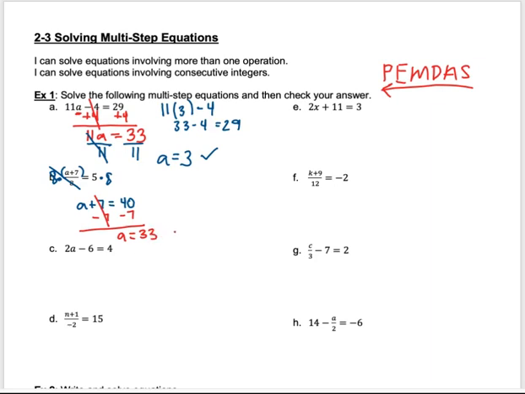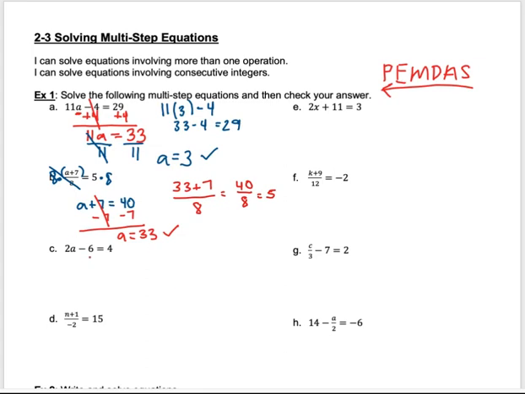Now, the most important part is checking your answer, so I'm going to plug 33 back in. I have 33 plus 7 divided by 8. Well, 33 plus 7 is 40. Divided by 8 is 5, and that does equal the other side of the equation. So a equals 33 is my answer.